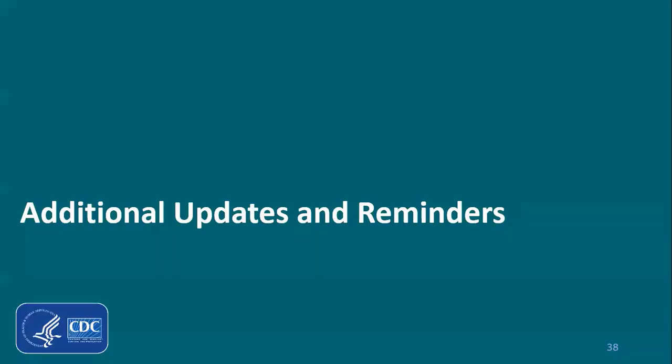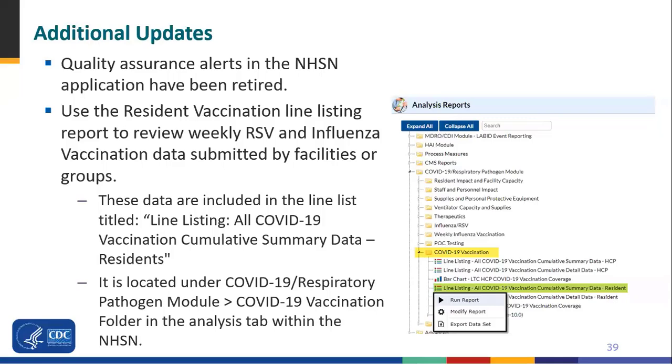We'll now review additional updates and reminders about NHSN data reporting. NHSN previously used data quality assurance alerts. However, these have now been retired. Facilities can now use the resident vaccination line listing report to review weekly RSV and influenza vaccination data submitted by facilities or groups.